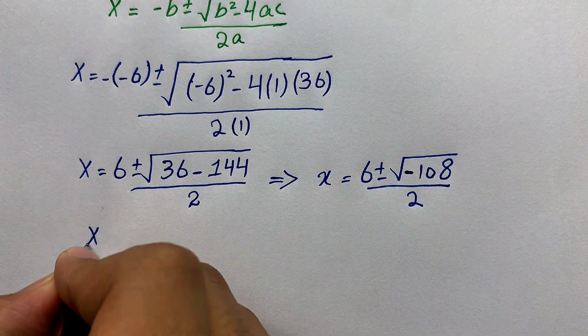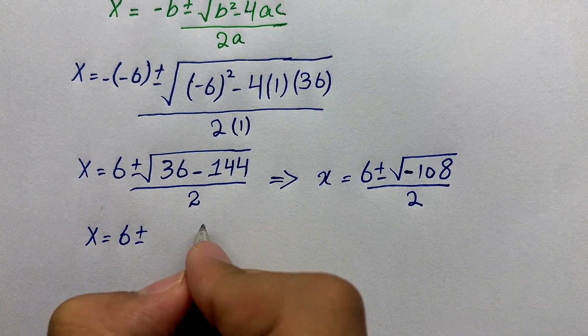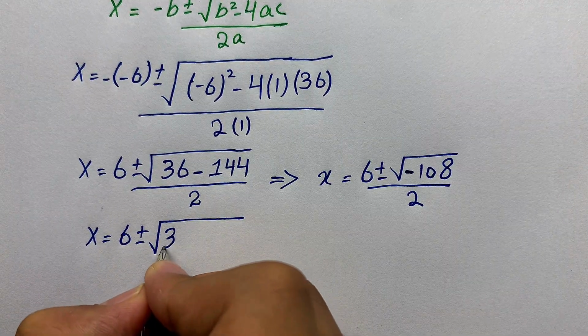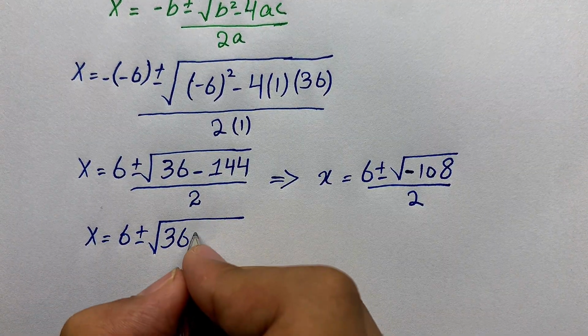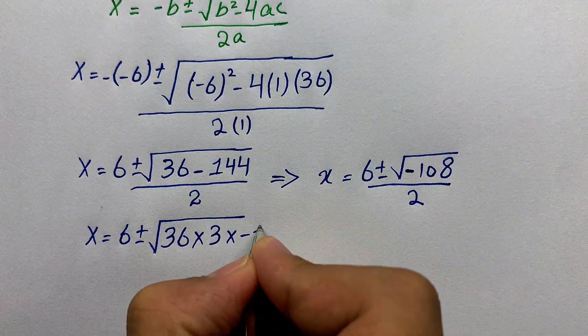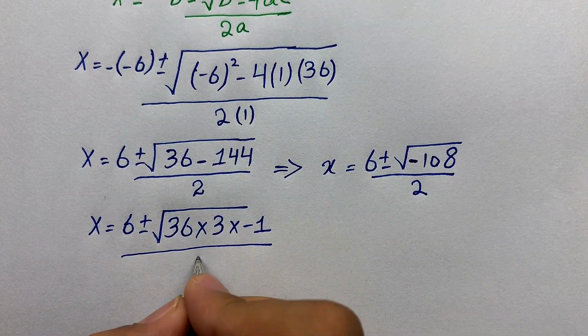So x is equal to 6 plus minus the square root of 36 into 3 into minus 1, divided by 2.